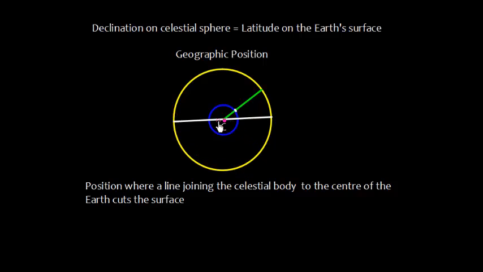And if we join this line with the celestial body, suppose the celestial body is here, wherever it meets the Earth's surface, that point is called the geographical position. And we can define the geographical position as where a line joining the celestial body to the center of Earth cuts or meets the surface of Earth.